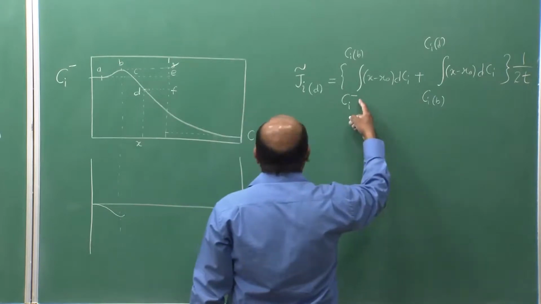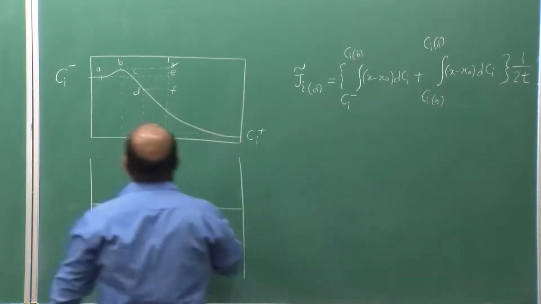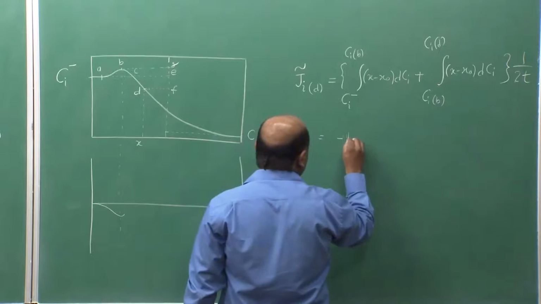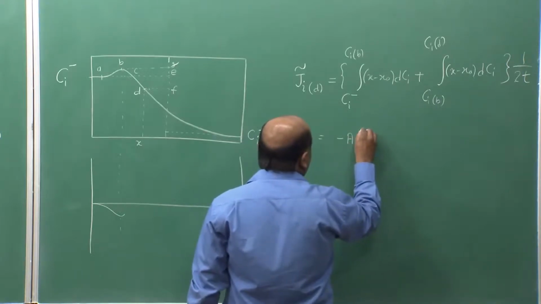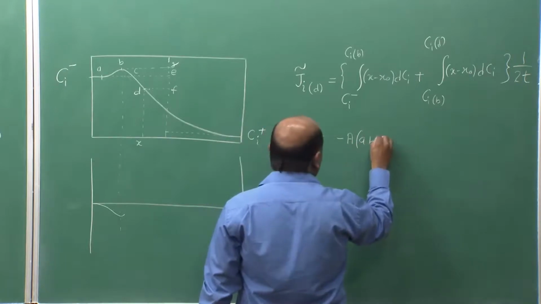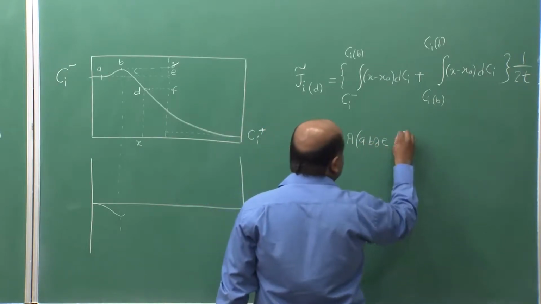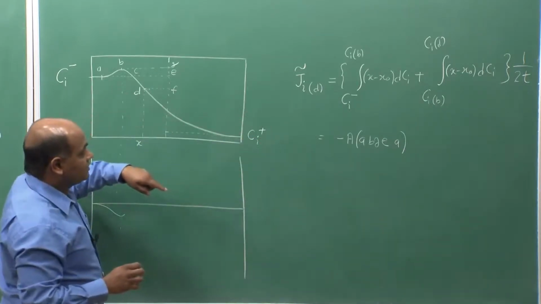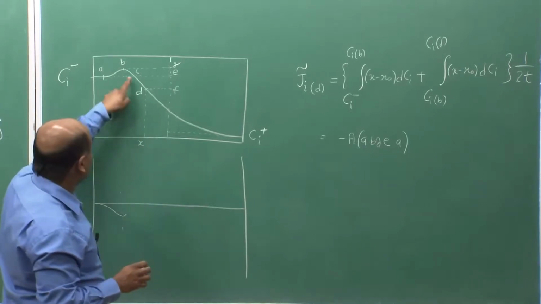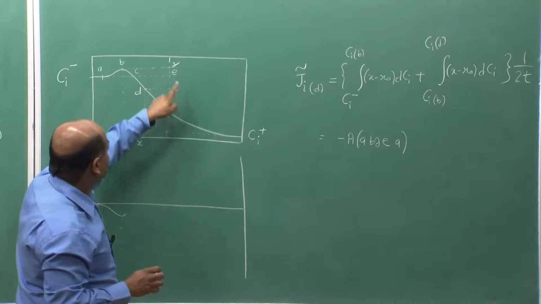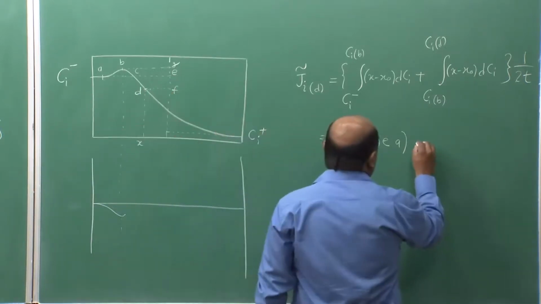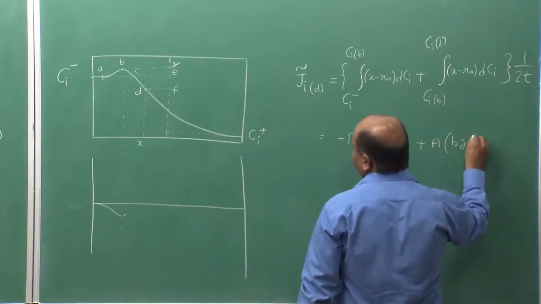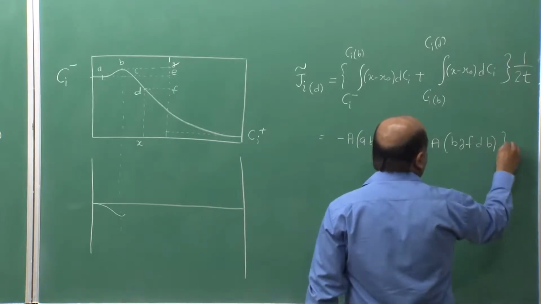Now, the first integral here is nothing but this area ABGEA, and it has a negative value. And the integral from Ci at B to Ci at D will be the area BGFD, and it will have a positive value. So, area BGFDB times 1 over 2t.